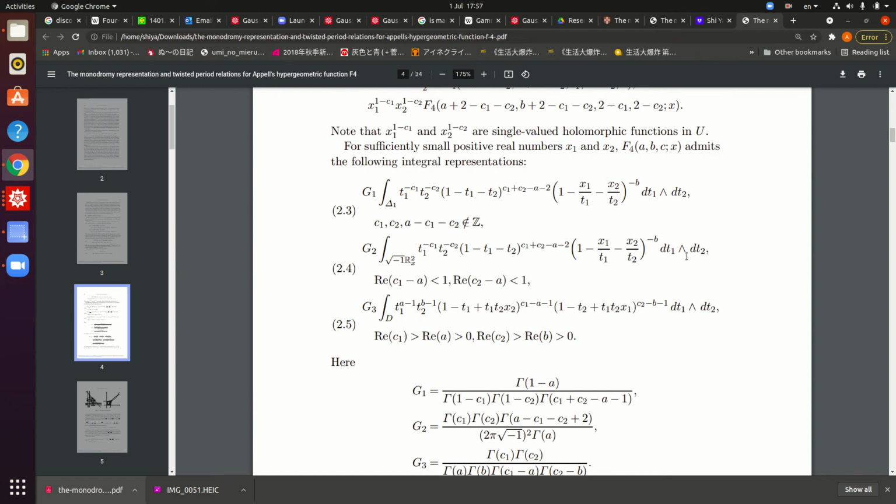What I want to say is that we would be able to blame X2 for the problem. For some values of X2, it would be fine, and for some other values of X2, there would be a branch point. That's what I mean by blaming X2 for the trouble.